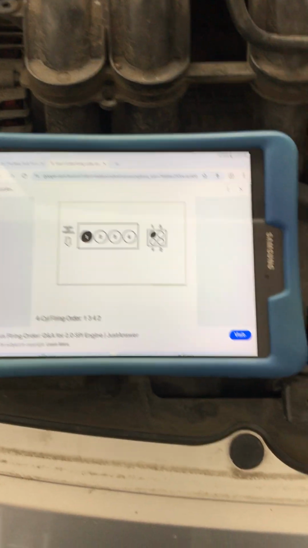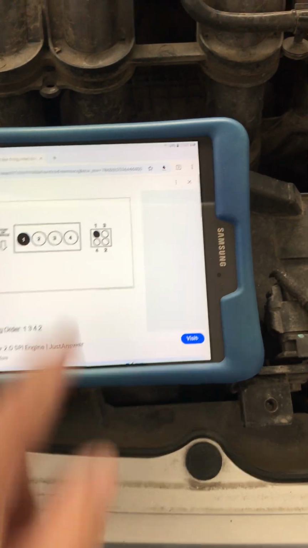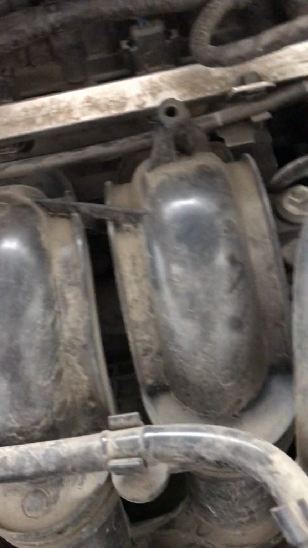The engine sits in the car like this, and it's showing me cylinder number 3 is right there. So I'm doing a visual inspection.